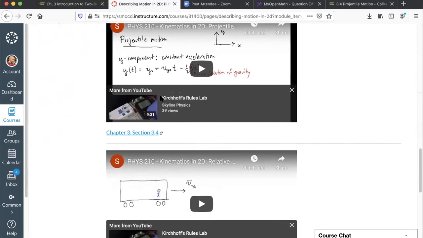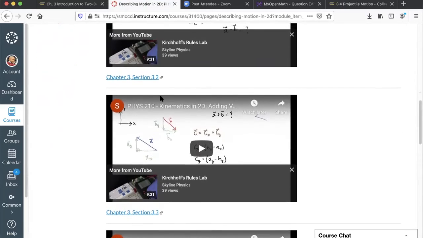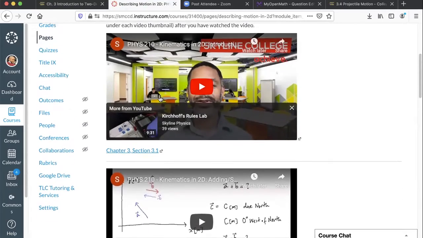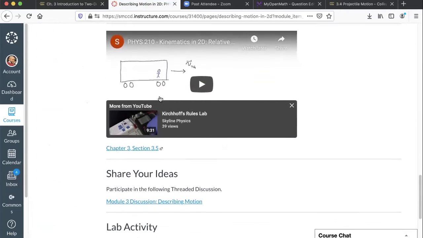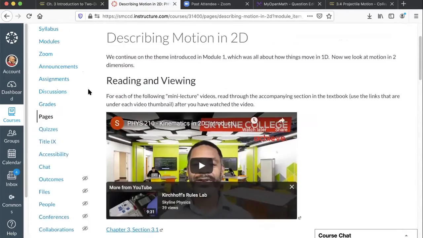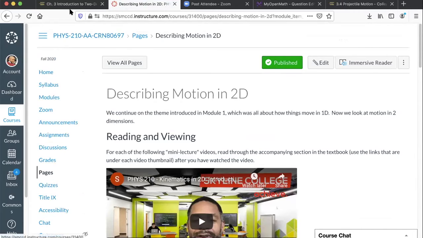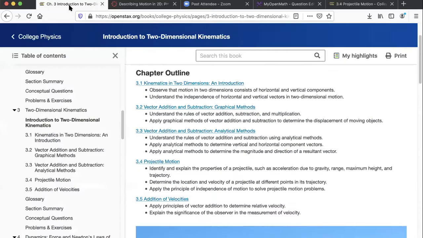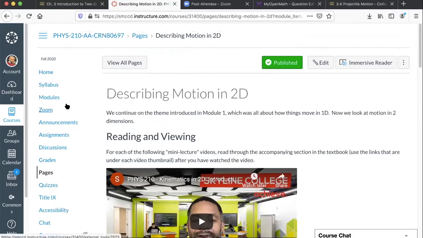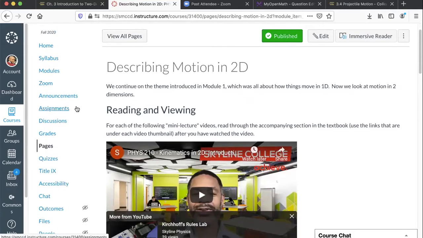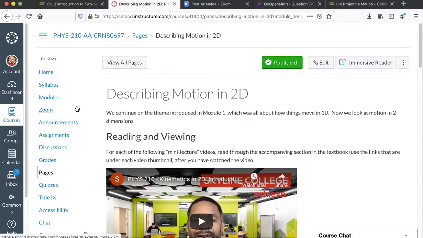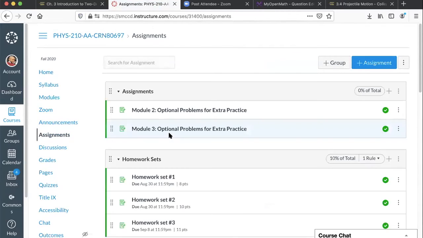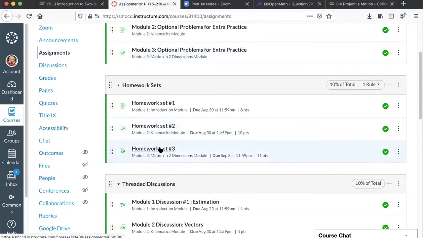And these are pretty short, I think between like 5 and 10 minutes long. So you can look at those and get a bit of a flavor for it. But what we're going to be looking at right now is, if we go back to the assignments and go back to homework set number 3.